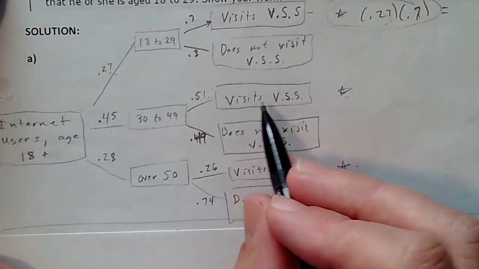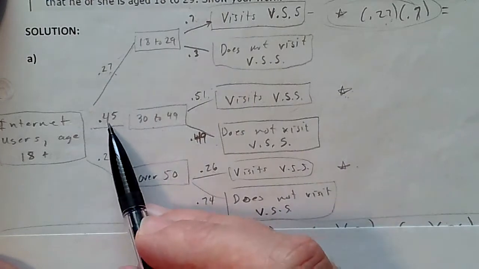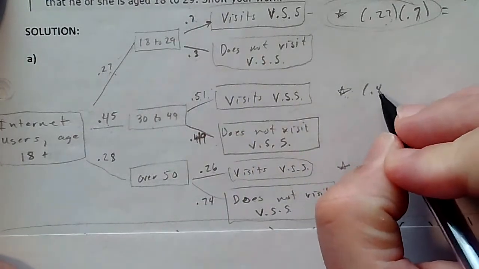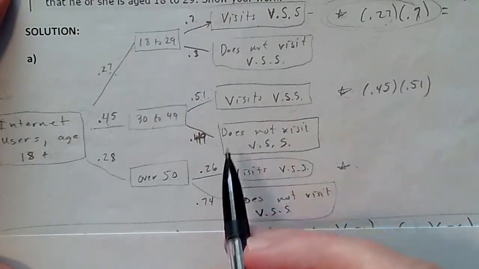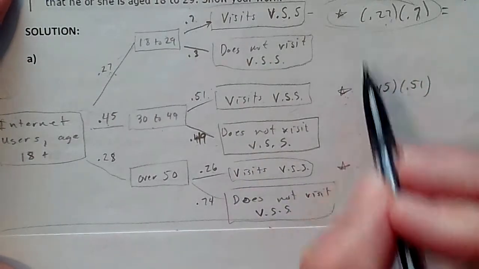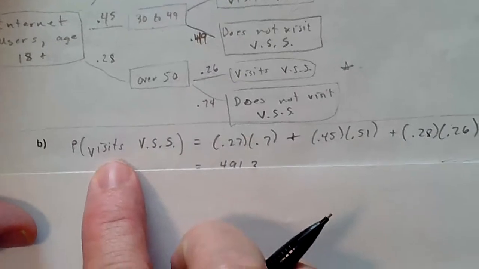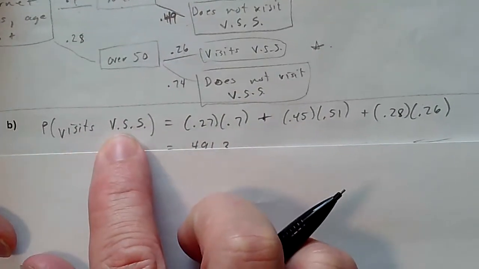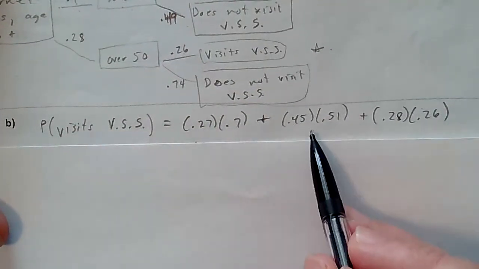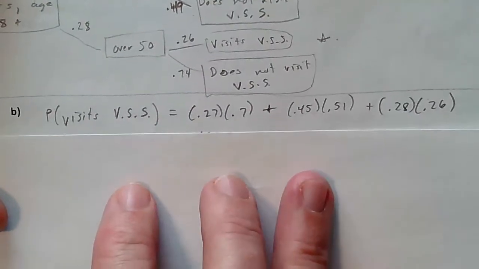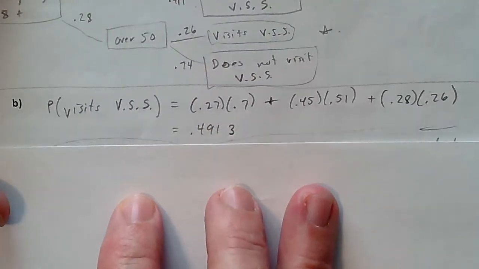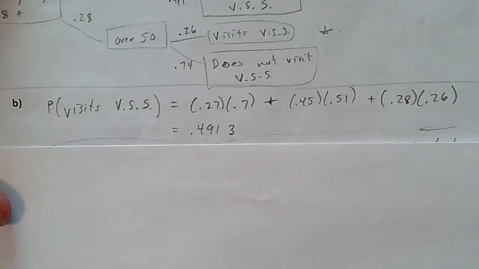These people also visit video sharing sites, so 0.45 times 0.51. Actually, I have to work down here, so I'm going to stop doing this here. But it's these three strands that I started. So the probability that they visit a video sharing site is the sum of these three products. I'm going to keep going, so pause if needed. That gives me 0.4913.